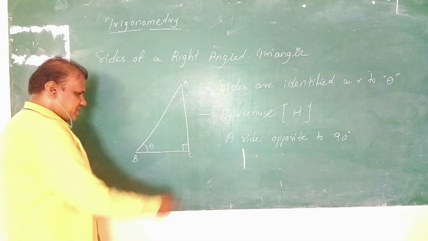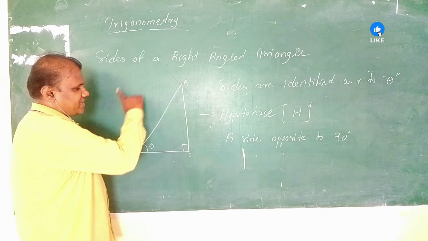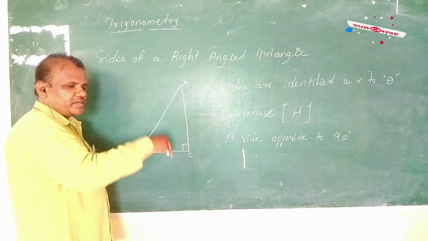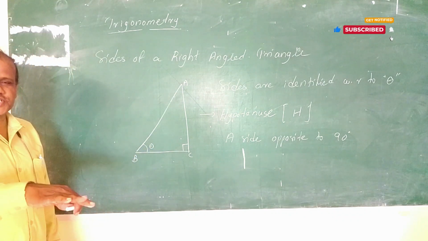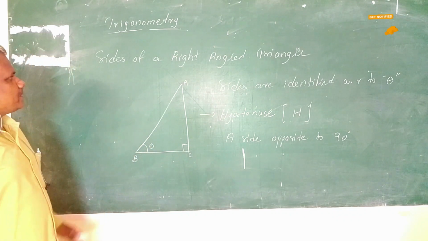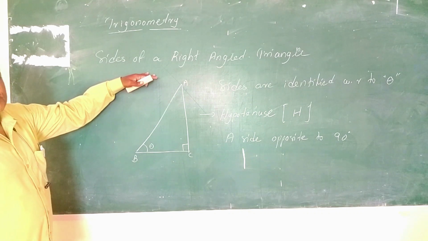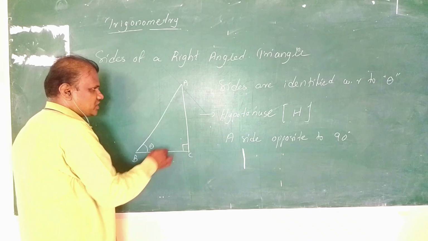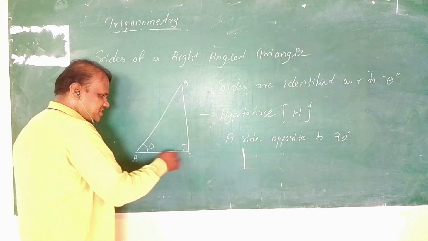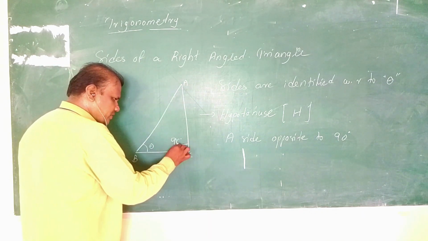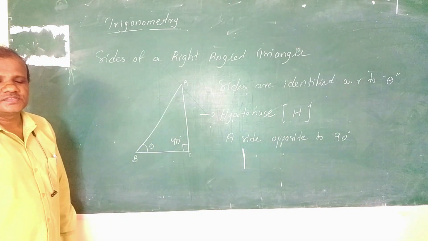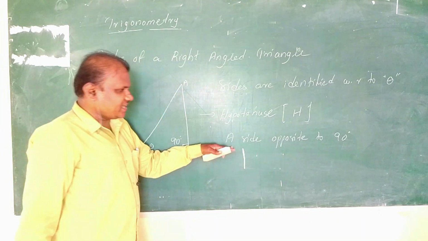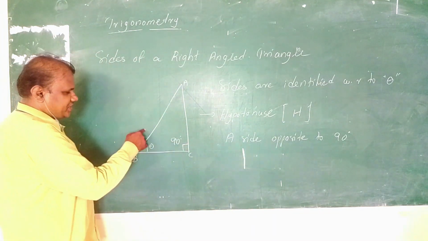From the diagram you can see, a right angled triangle is a polygon. A triangle is a polygon with three sides. Right angled means it is a polygon in which two sides are perpendicular to each other. So AC and BC are perpendicular to each other, therefore 90 degrees. As per the definition, the hypotenuse is the side exactly opposite to 90 degrees.